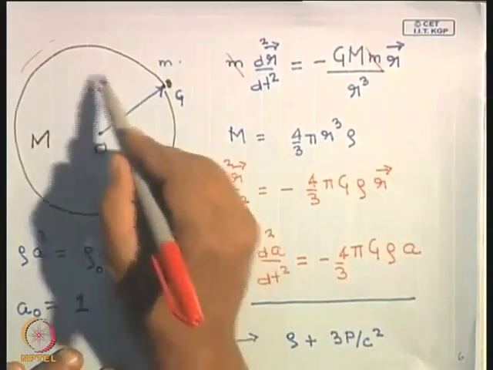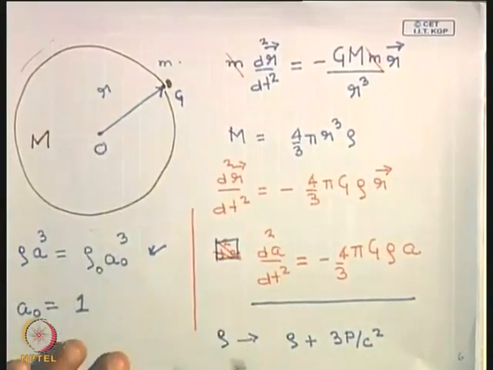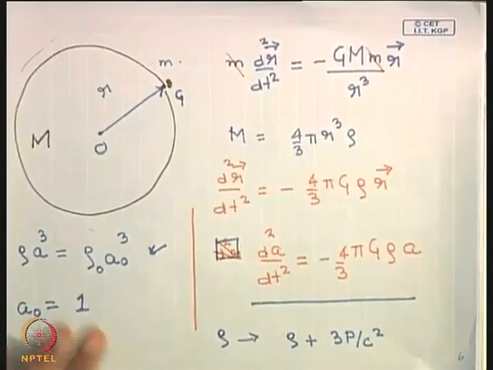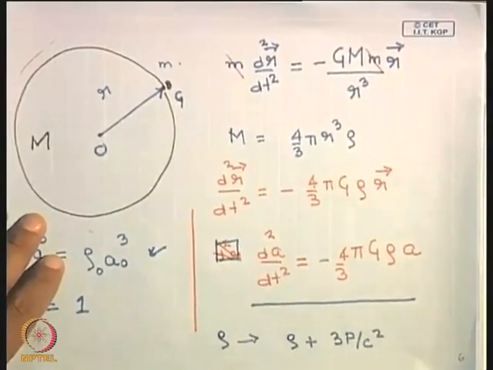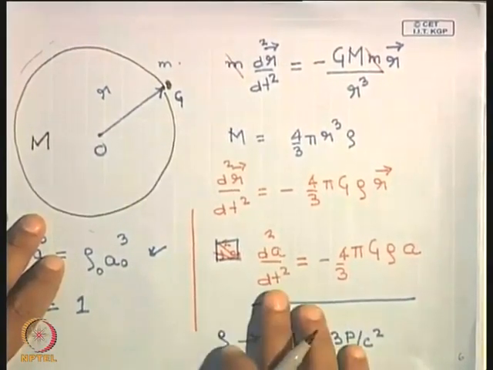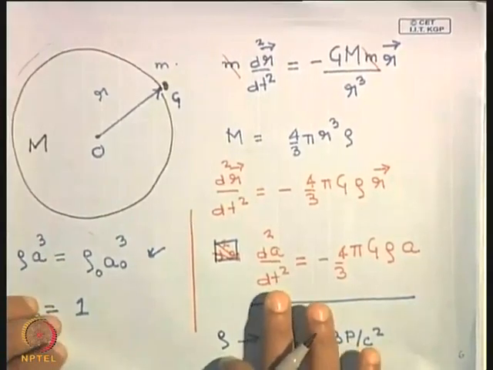If the constituent of the universe has pressure, this has to be modified, rho has to be replaced by rho plus 3p by c squared. So this is the equation that governs the acceleration or deceleration of the universe, the dynamics of the expanding universe.